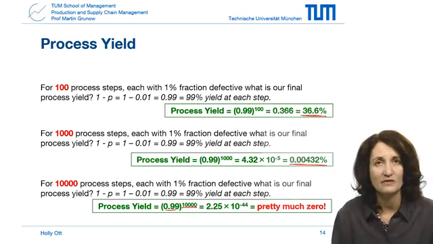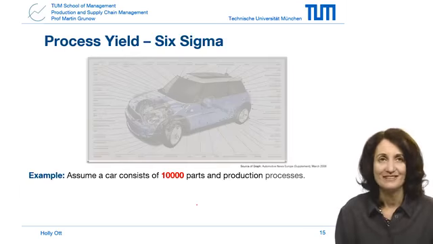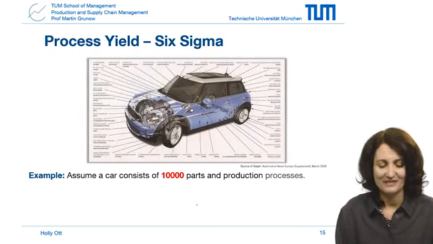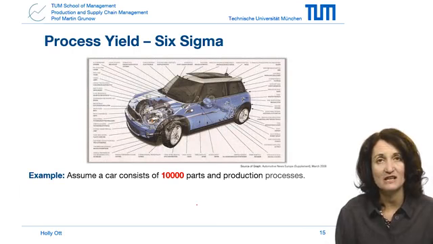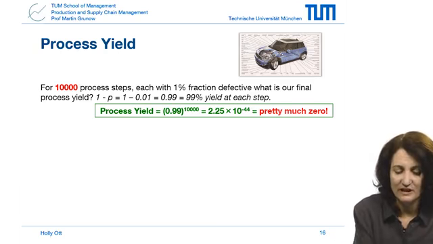Now, why is this relevant? What could this be? Well, since we work in Bavaria, assume a car consists of 10,000 parts or processes. Let's look at this. For 10,000 process steps, each with 1% fraction defective, each with 99% yield.